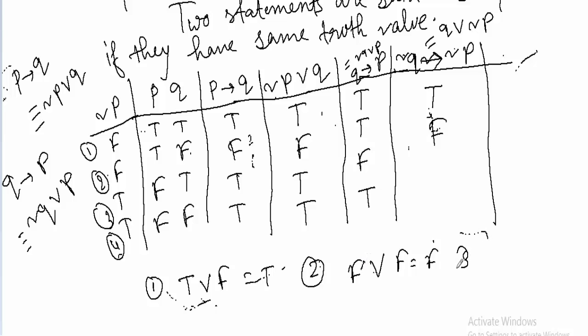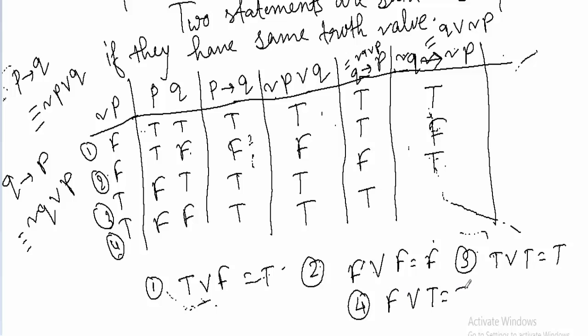Similarly third में क्या है कि Q union not P, Q is true, not P is true, so this will be true. फोर्थ में क्या है कि Q is false, not P equals true, so true. So true, false, true, true. So this is the truth table of that.